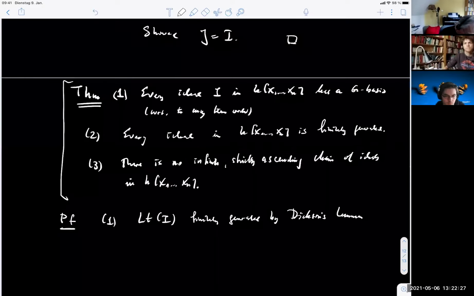So I pick a finite system of generators. This is a Gröbner basis, and the Gröbner basis generates the ideal. Maybe I write it. Such that this is generated by this.